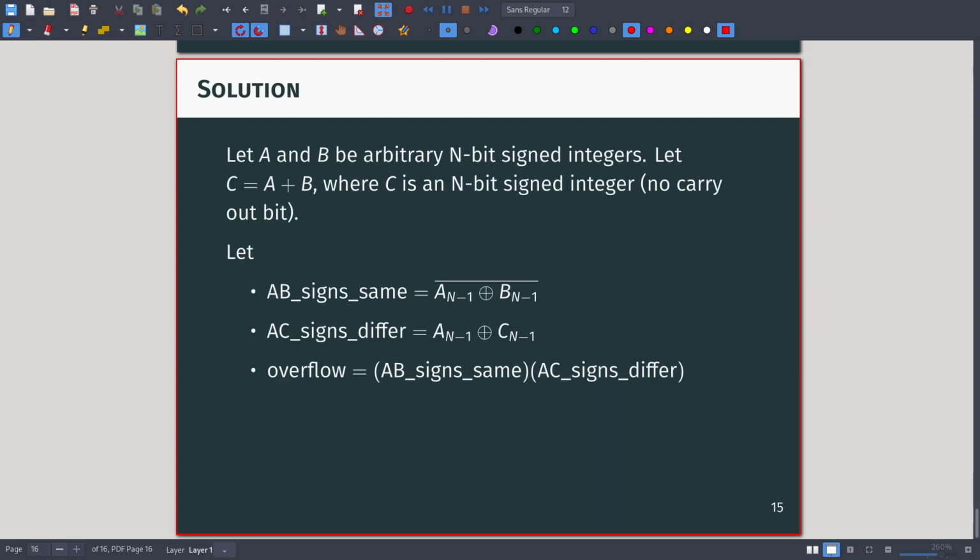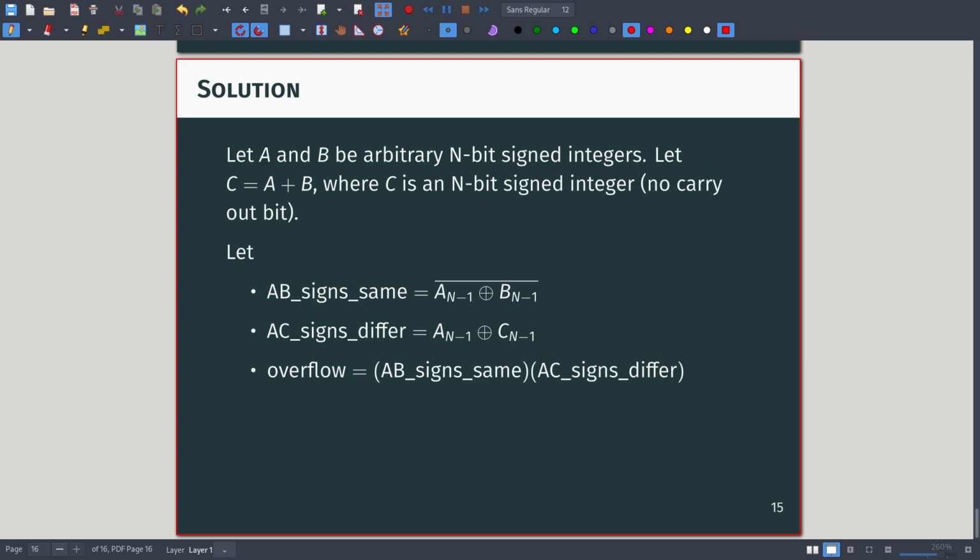And so as a result, all you have to do is check if the signs are the same. So a n minus 1, b n minus 1, that's the sign of a and the sign of b, and you XNOR them, because remember, XOR tells you if two inputs are different, XNOR tells you if two inputs are the same, right?